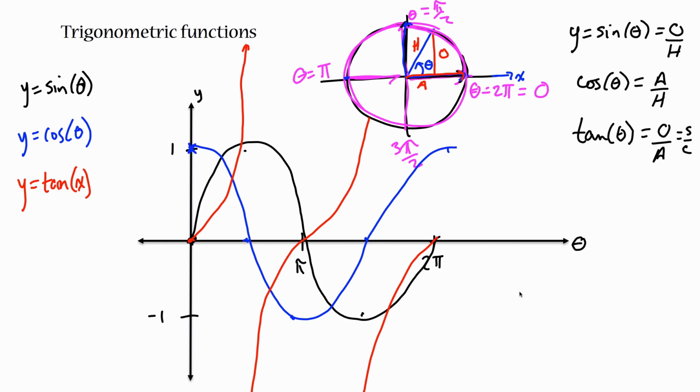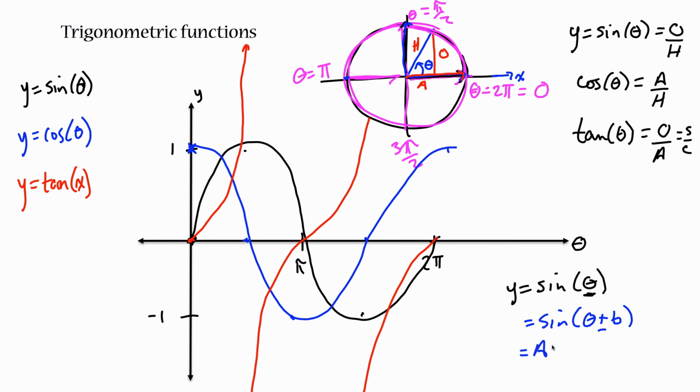Just like with other functions, if you want to manipulate a trig function, sine or cos usually, let's start with y equals sine theta. If I want to shift my function, then I add something to theta. So I can manipulate that to be sine of theta plus or minus some amount to shift to the left and to the right.